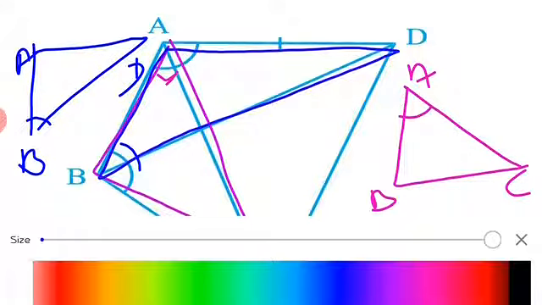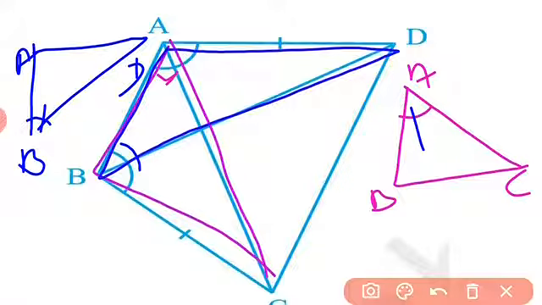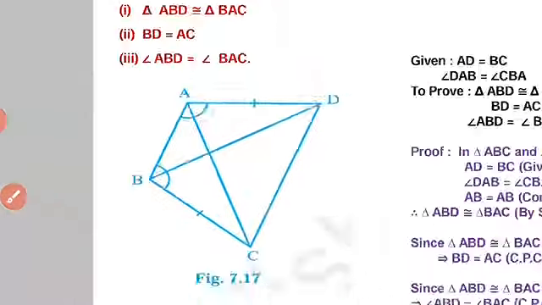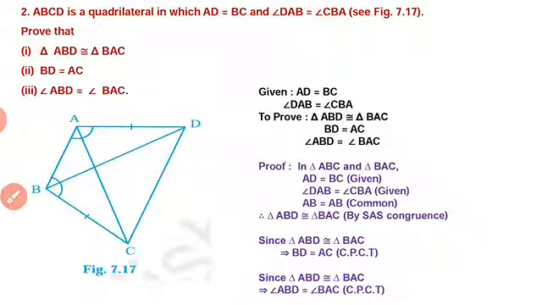So these two triangles, this angle and this angle are equal. So how can we prove it? As they are corresponding parts of the congruent triangles. It is very important to visualize the triangles properly, otherwise we cannot solve the questions.